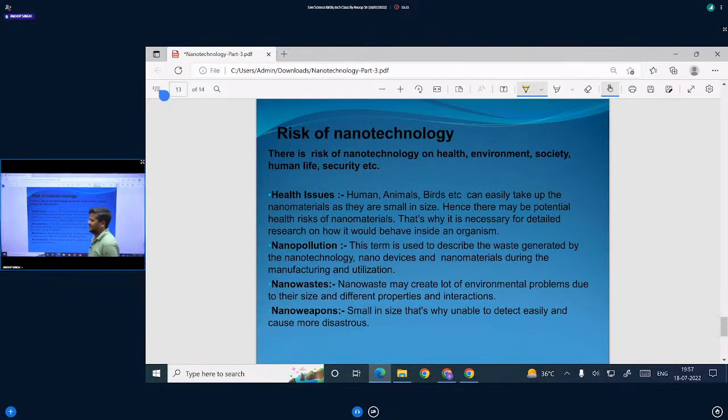Now we will see what are the side effects, or you can say risks, in this particular technology. As I always told you, every technology, whether it is nuclear, biotechnology, or nanotechnology, has both aspects, the positive aspect and the negative aspect.